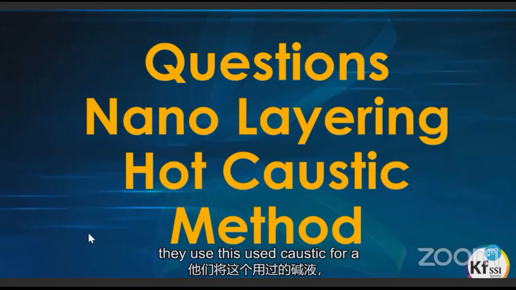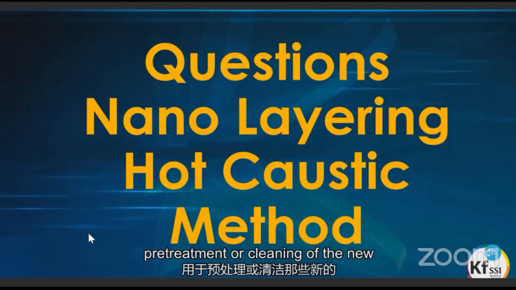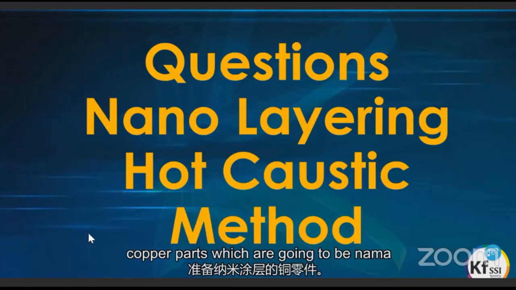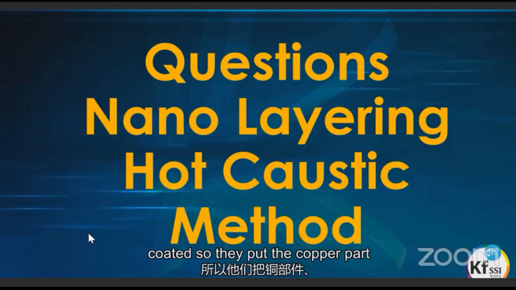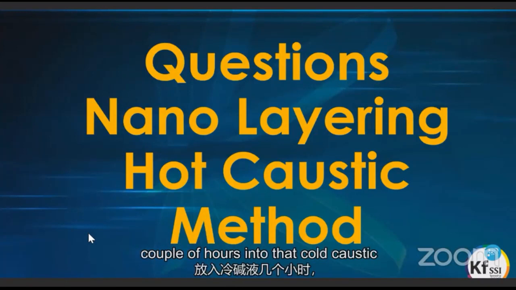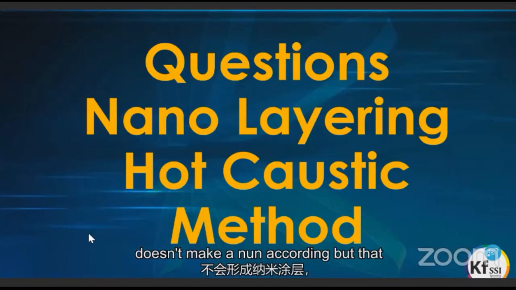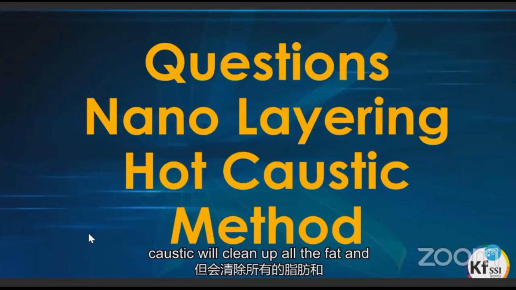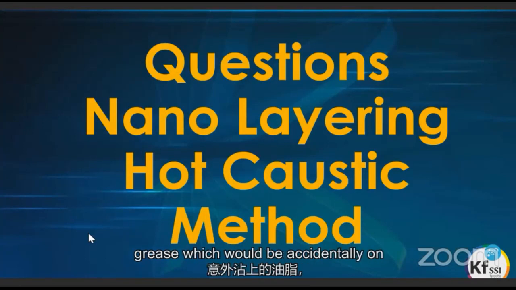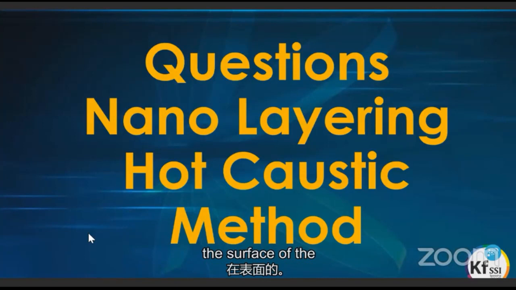In the factory, they use this used caustic for pre-treatment or cleaning of the new copper parts which are going to be nano-coated. So they put the copper parts, plates or coils or whatever, for a couple of hours into that cold caustic just before doing the nano-coating. So it doesn't make a nano-coating, but that caustic will clean up all the fat and grease which would be accidentally on the surface of the copper.